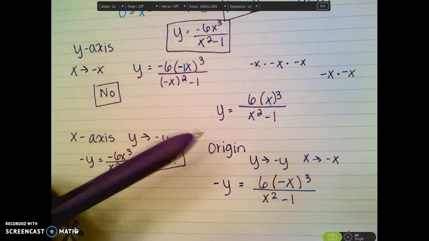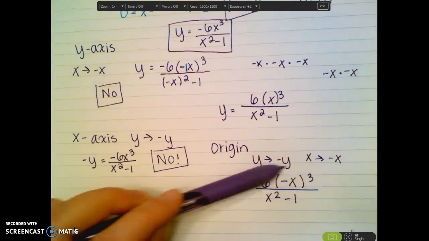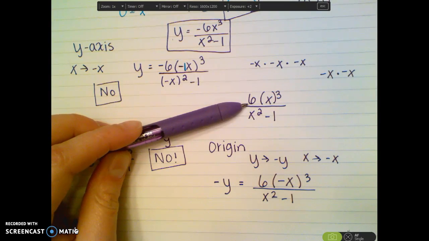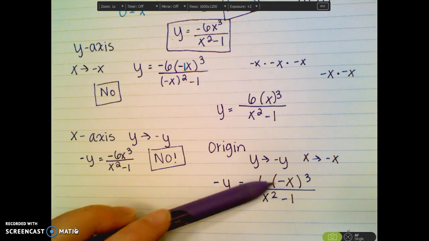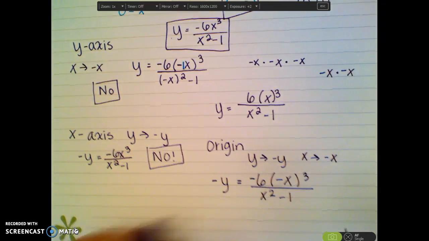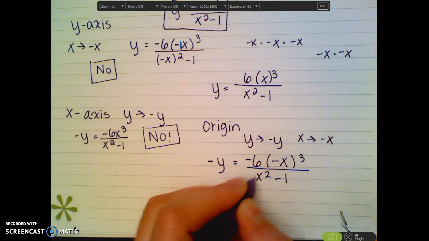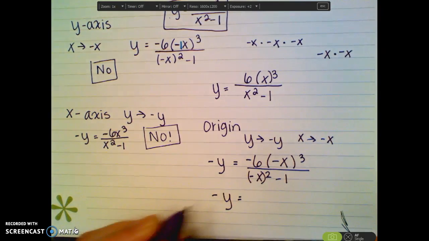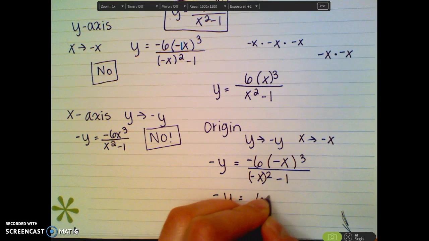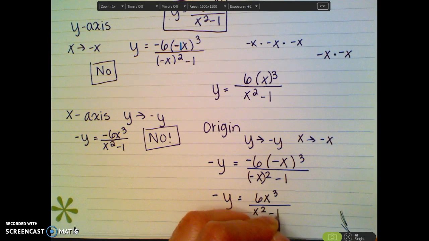Do we all agree that when we simplify this equation right here, we're going to end up with this, because we simplified this already. Oops, sorry, I forgot to include that negative. So now we're at negative y equals, I didn't do a very good job of substituting that in. Okay, there we go. Now that's going to be a 6x cubed over x squared minus 1.